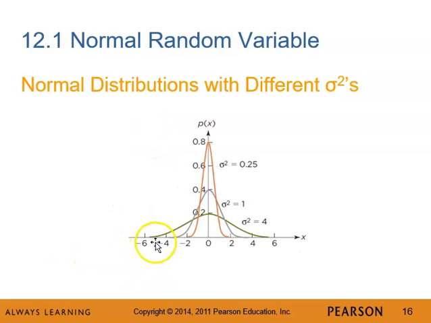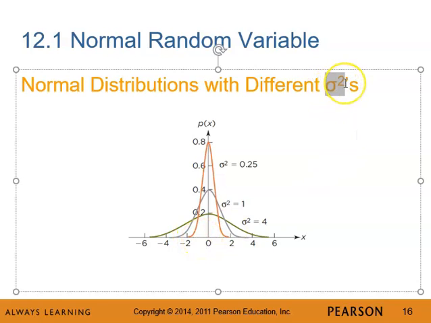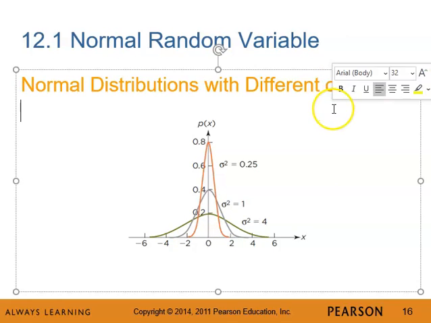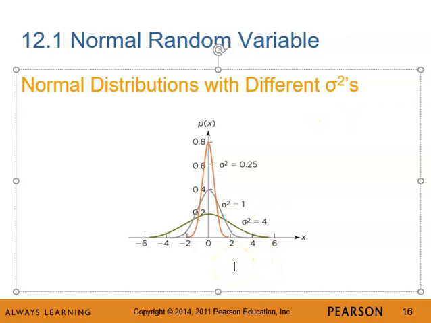So this is an example of different normal distributions with different values of variance. So when variance changes, you can see that the height of the normal distribution, or that bell shape, increases. And why is that? That's because the higher the variance or standard deviation, the higher the variation of data around mean.